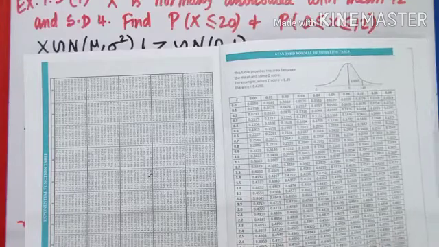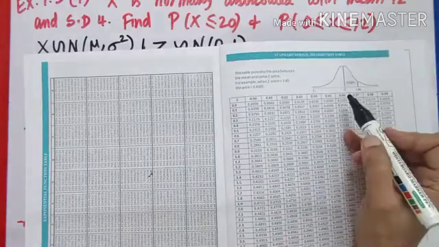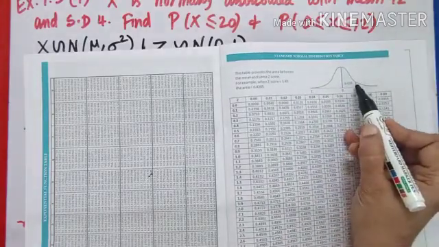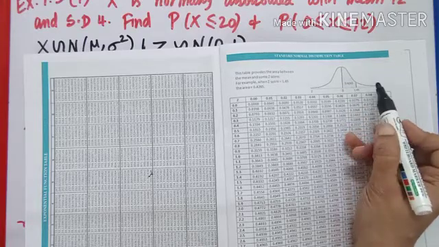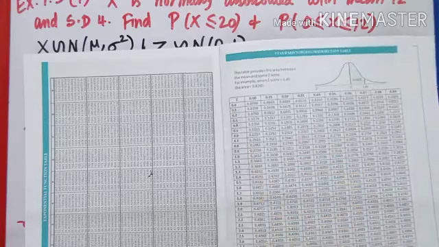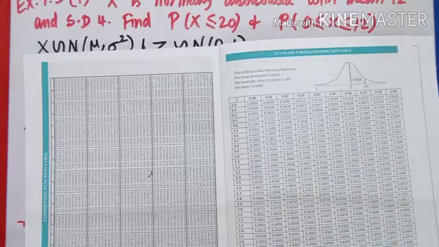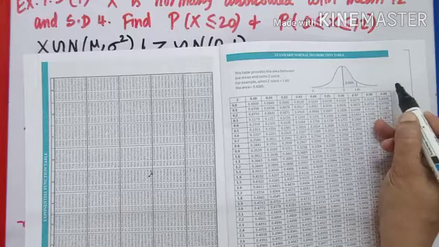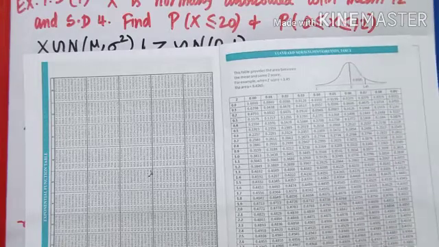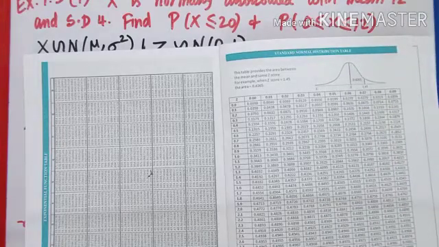So this table gives me area from 0 to a particular number, that is z value. 0 to 1, 0 to 2. See, the table ends with 3.99. That tells me the remaining is a tail portion which is almost negligible. So up to 3.99 we can refer to the table.